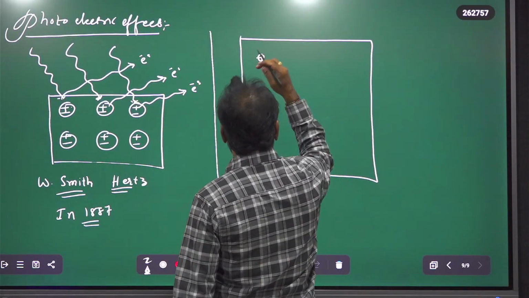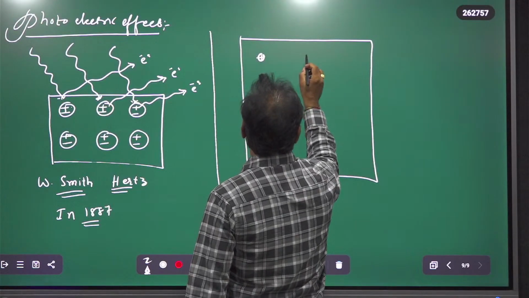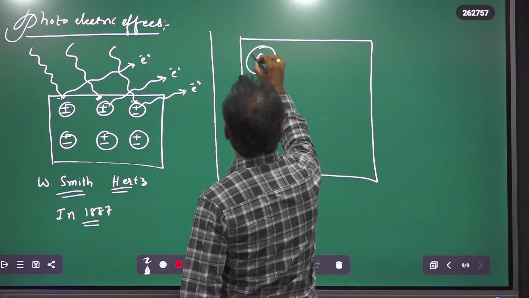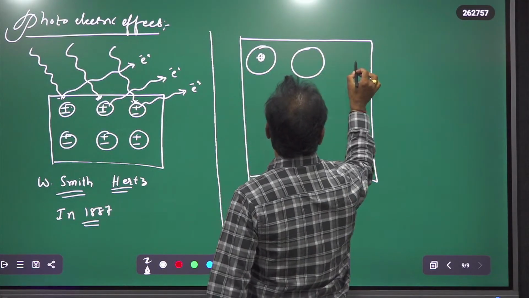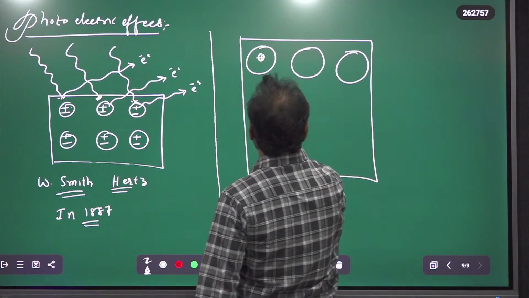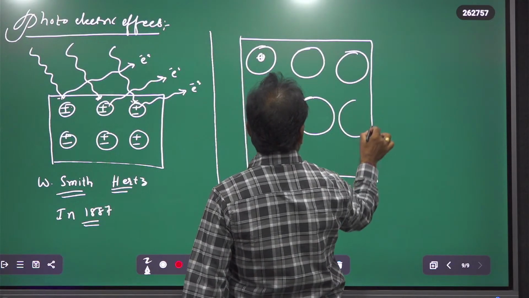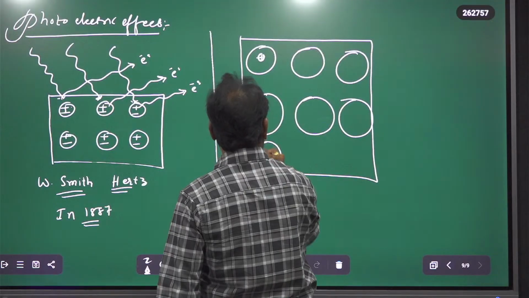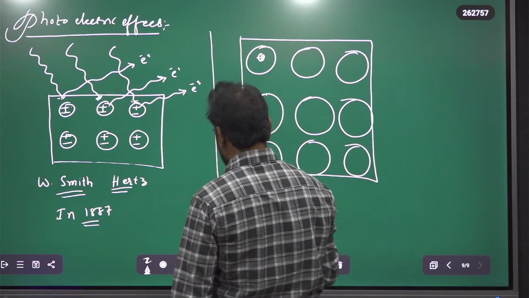Around the positive charge at the nucleus, electrons are revolving. The electrons are revolving around the nucleus like this.